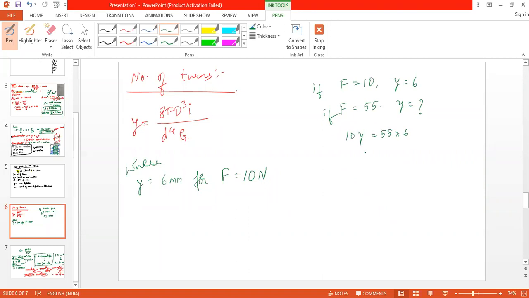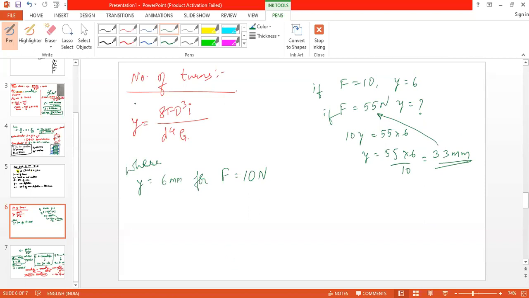It's 55 multiplied by 6, divided by 10. So 33 mm. So the maximum deflection is 33 mm for a force of 55 Newton.